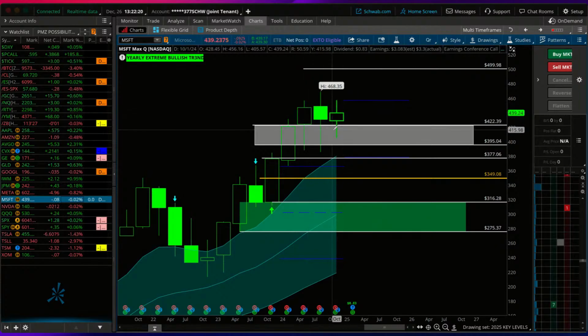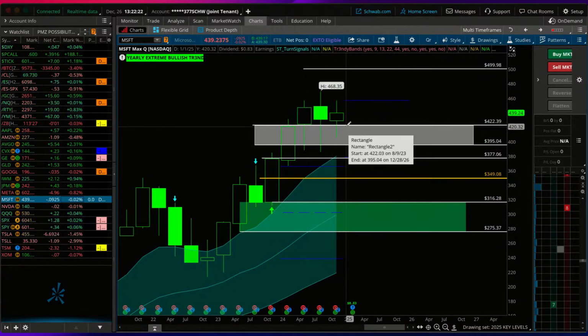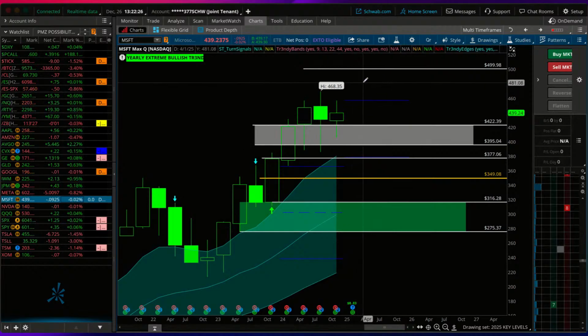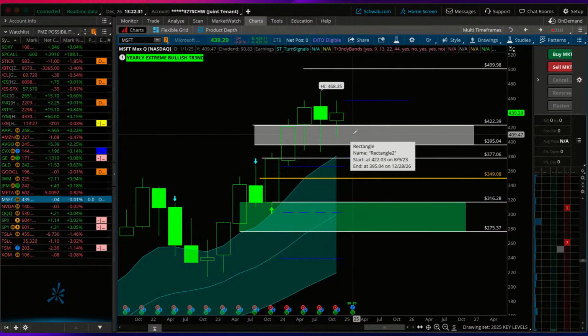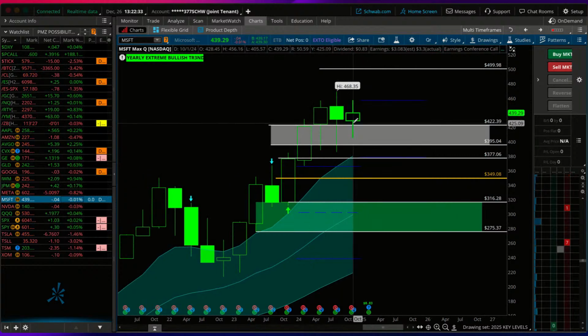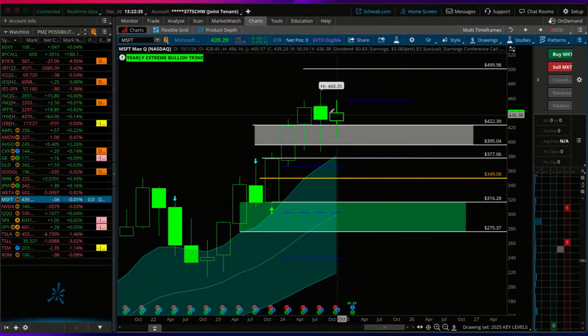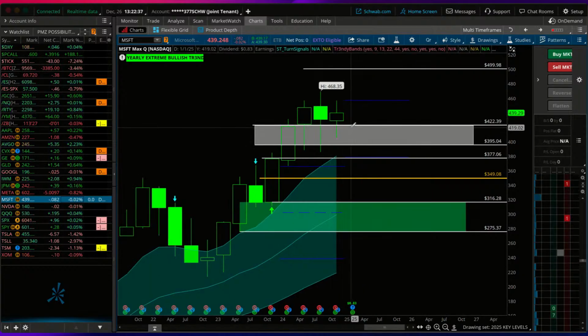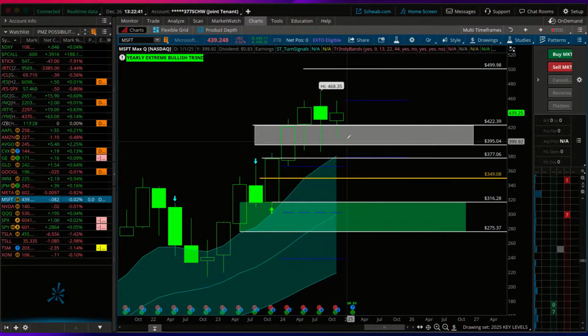So this, what is right now a bull channel, in the event in 2025, we get that up candle, this would become a new demand zone. But for right now, it is simply consolidating here using this bull channel of 422 by 395 as its support.